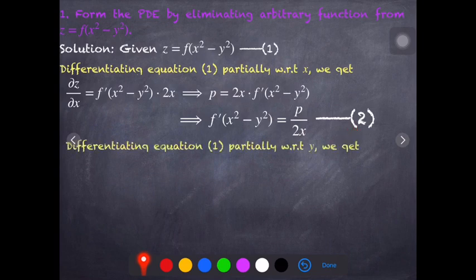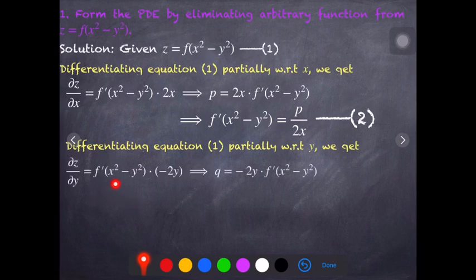Now differentiating equation number 1 partially with respect to y, we get dou z by dou y is equal to f dash of x square minus y square into differentiation of y square, which is minus 2y, and dou z by dou y is nothing but q, that is minus 2y into f dash. Further simplifying for f dash, that is equal to minus q by 2y.